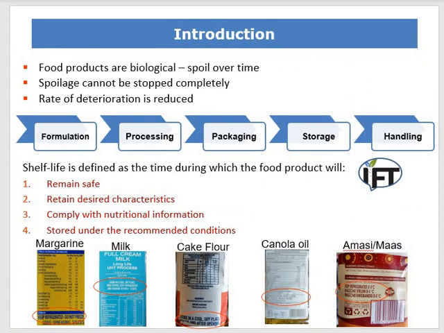So spoilage cannot be stopped completely, but the rate of spoilage can be reduced, so that it doesn't spoil as fast. Manufacturers, via food technologies, usually alter the formulation of the product. They process the product, either drying or cooking, whatsoever.